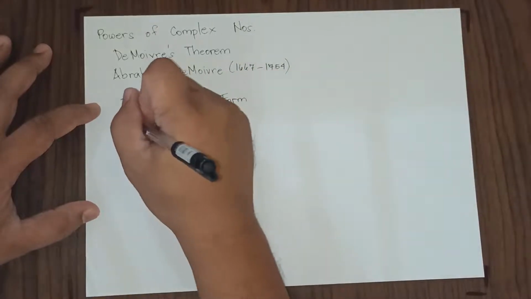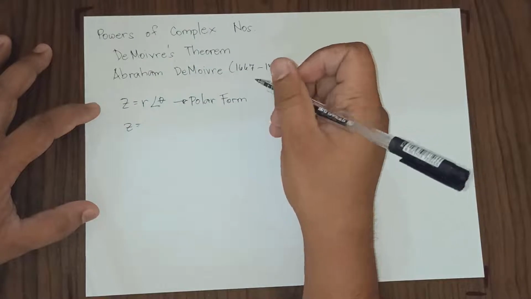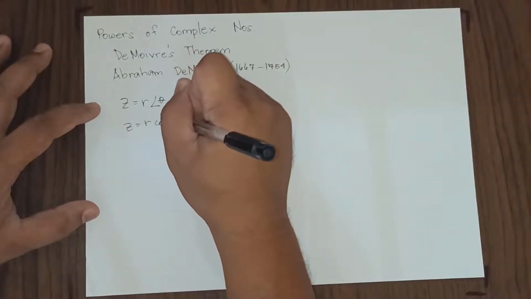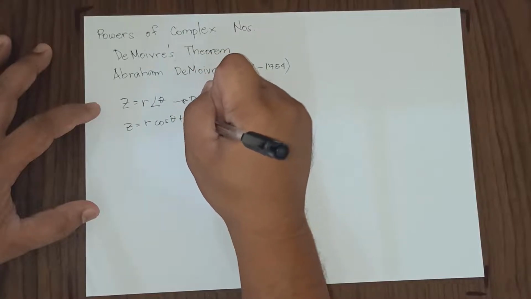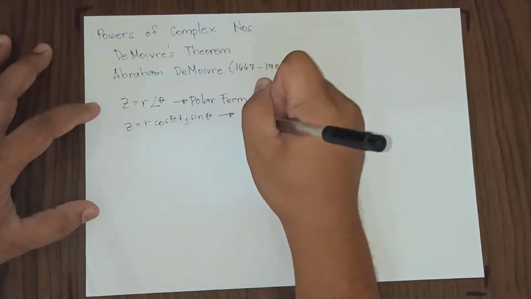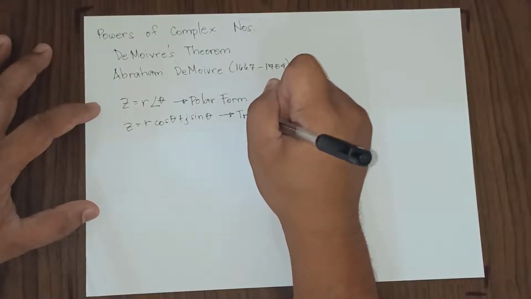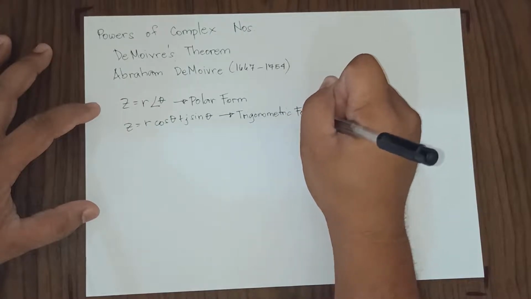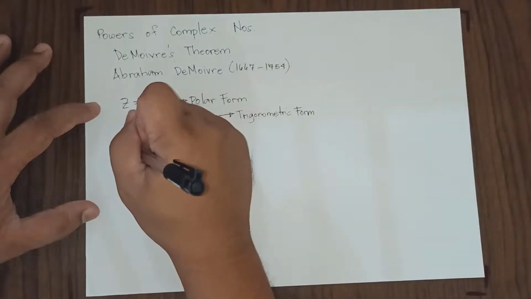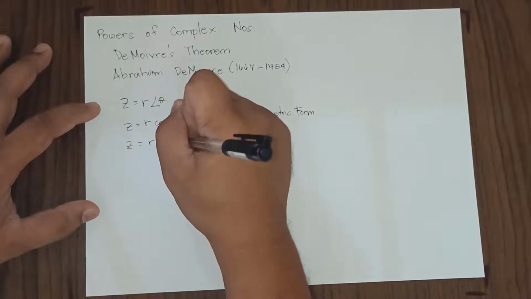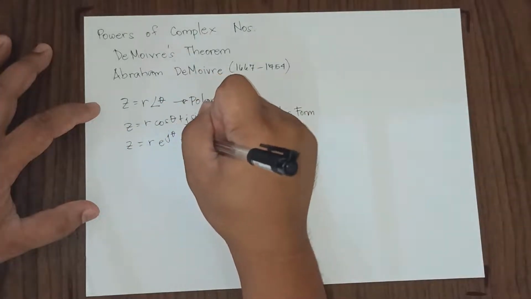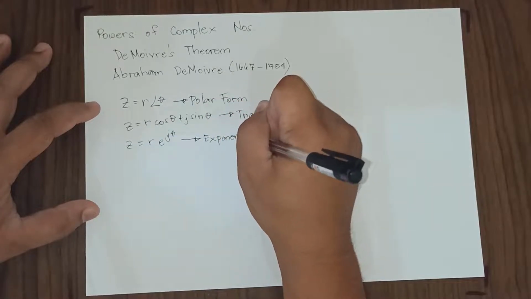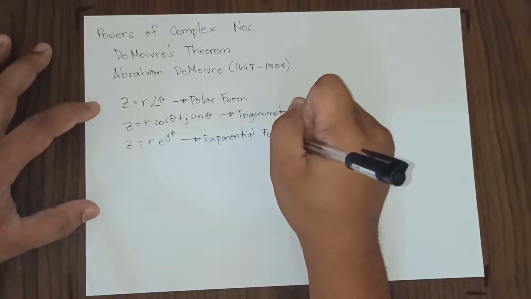Z is equal to r cosine theta plus j sine theta, yan ay trigonometric form. And z is equal to r e raised to j theta, yan ay exponential form, right?